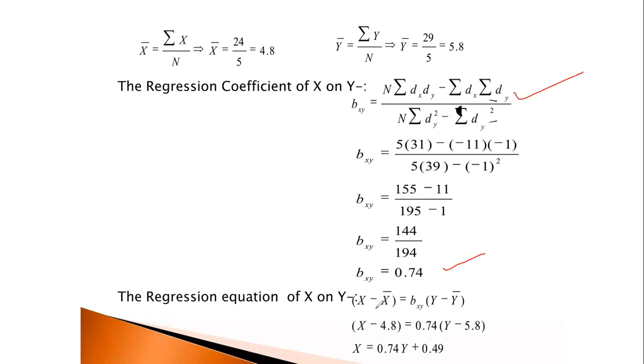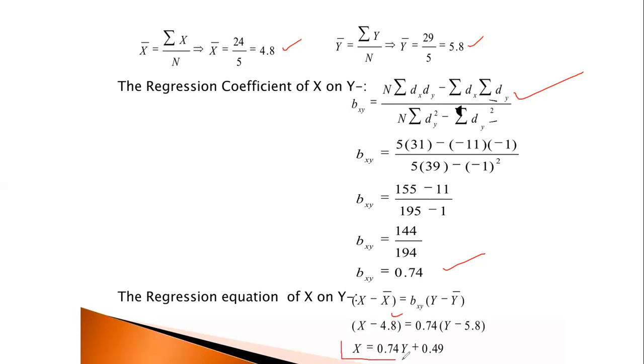Similarly, for x on y, substitute these values here. x minus x bar is equal to bxy into y minus y bar. x bar is 4.8, y bar is 5.8, and bxy we just calculated is 0.74. So x minus 4.8 is equal to 0.74 into y minus 5.8.